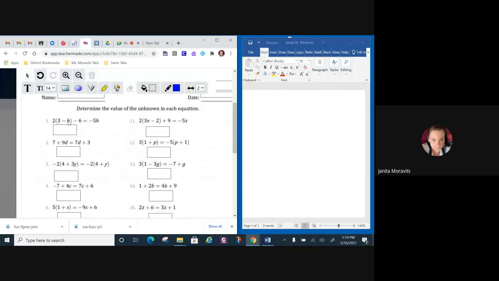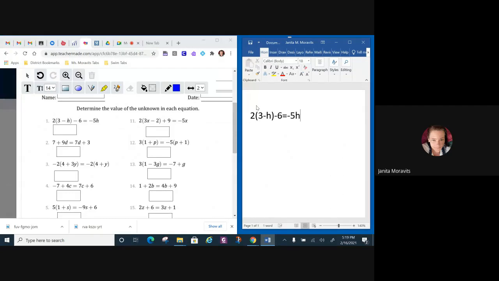We're going to have to use the distributive property on these. All right, so we're going to do this problem right here. It is 2 times 3 minus h inside the parentheses minus 6 equals negative 5 times h.